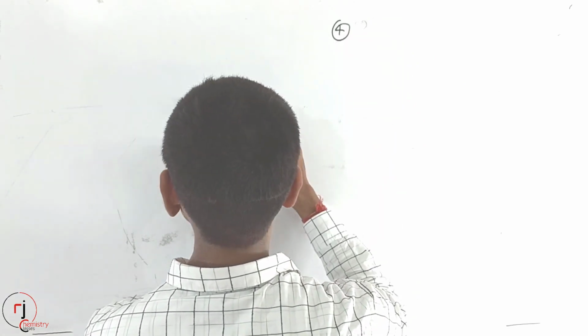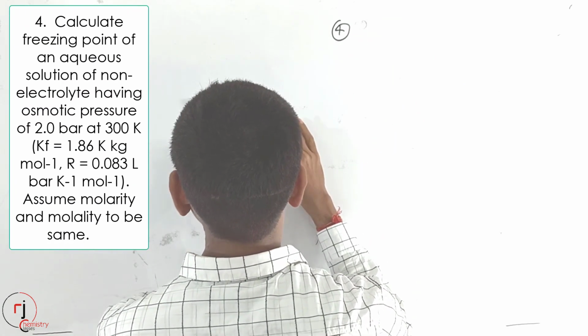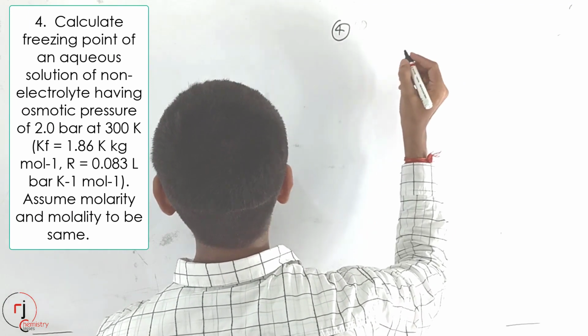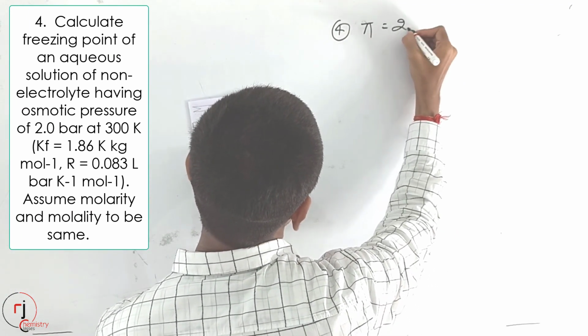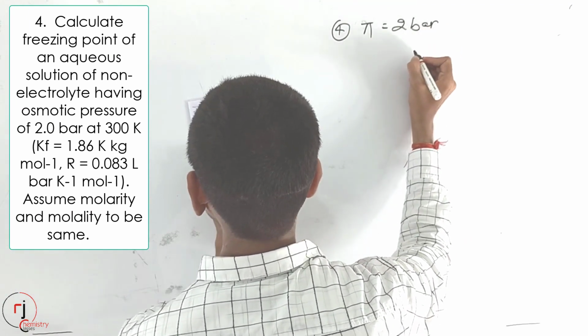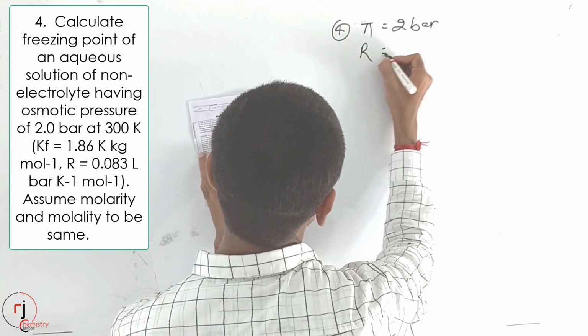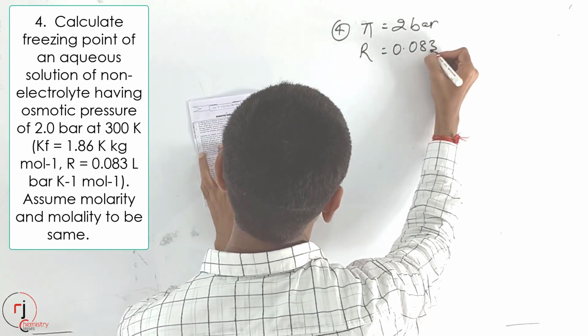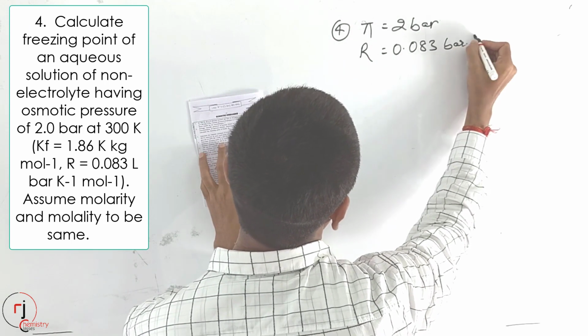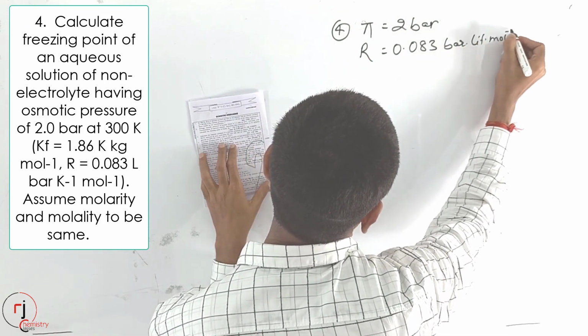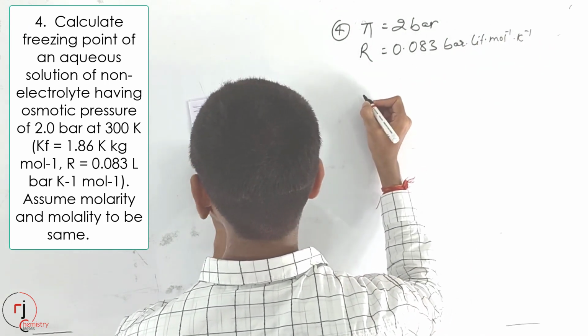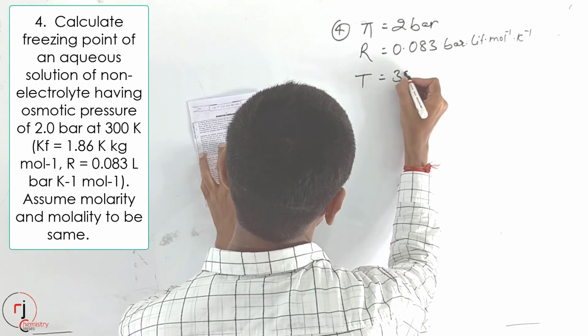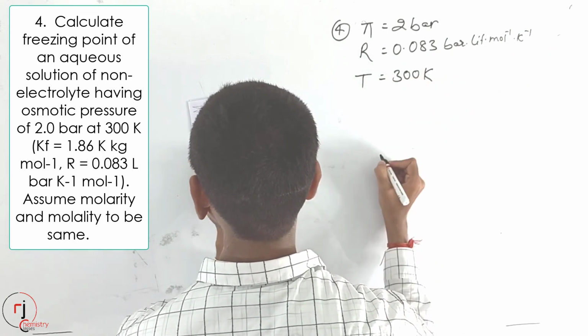It is given that the osmotic pressure is 2 bar, R is 0.083 bar liter per mole per Kelvin, and the temperature is 300 Kelvin.